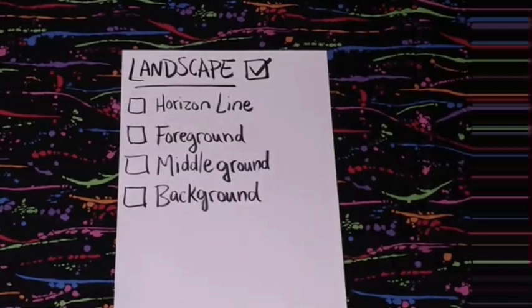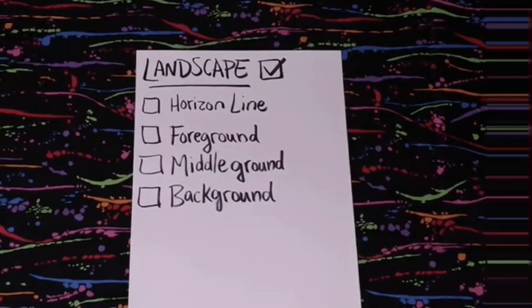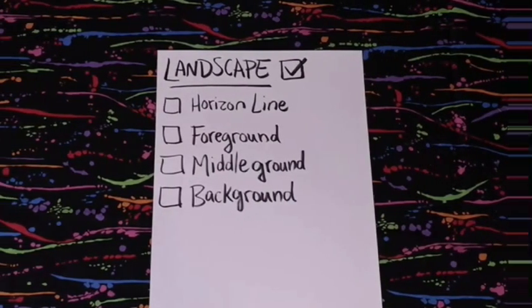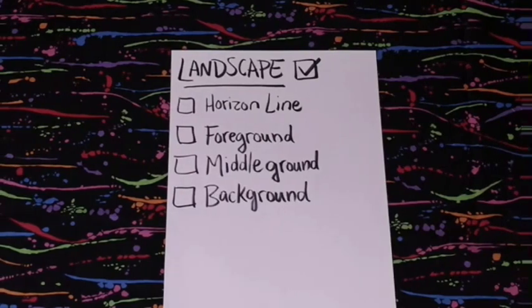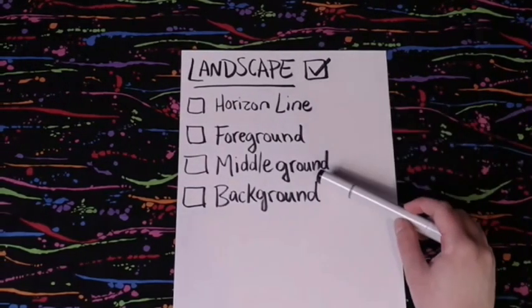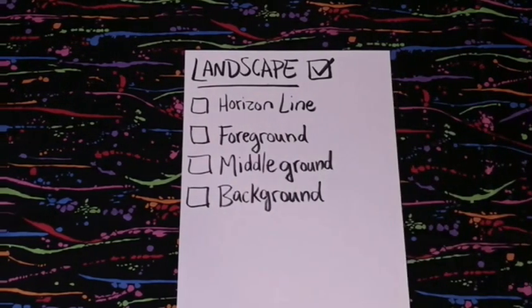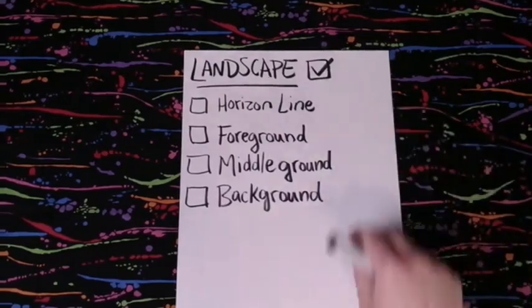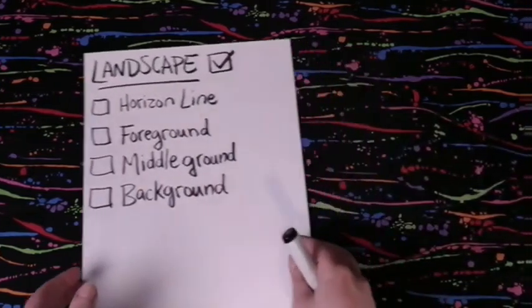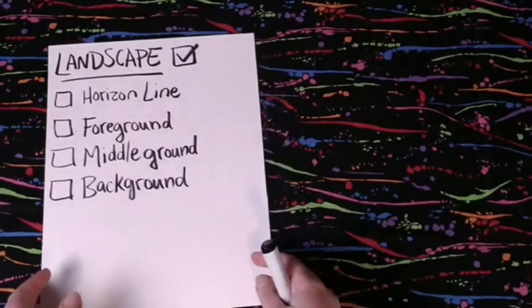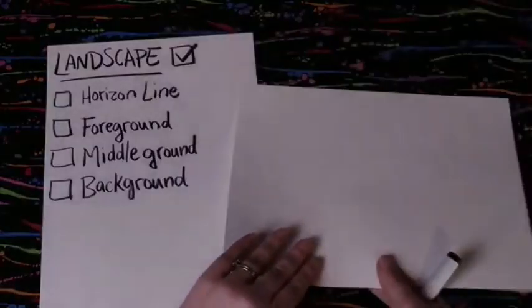Hi friends, today I'm going to be talking to you a little bit about landscape. Landscape should be review for most of you, but I have made a check sheet to help us remember the different parts of the landscape. The first part we're going to focus on is the horizon line. The horizon line shows us the difference between the sky and the ground.